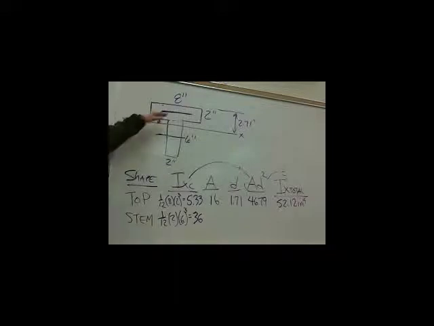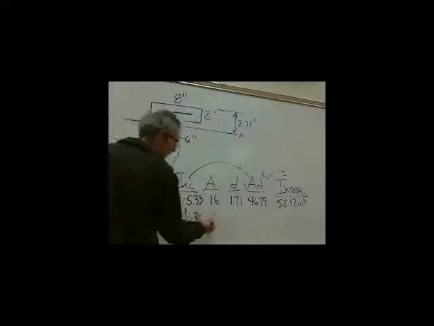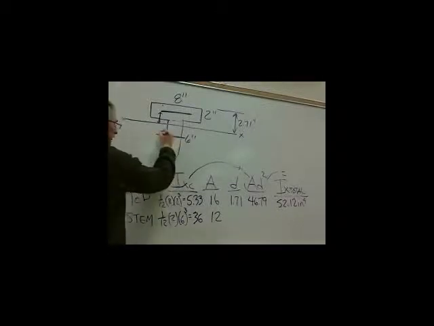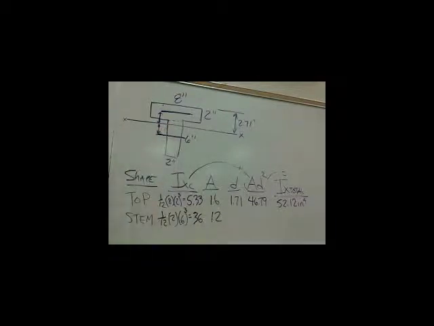My area of this stem rectangle is 2 times 6, that would be 12. Okay? What's the D distance? I've calculated moment of inertia about this axis here, but I need to know what this distance is right here. What is that distance?